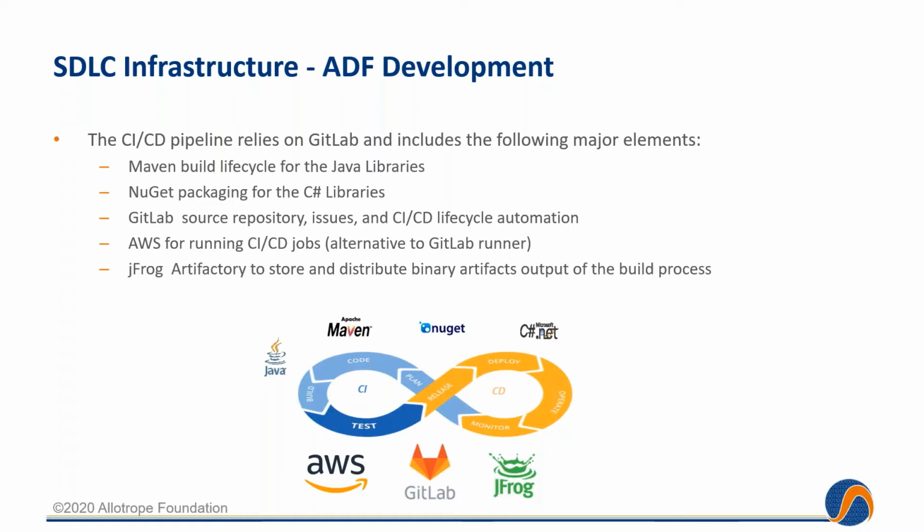We have the Maven build lifecycle for Java libraries, NuGet packaging for C#, the GitLab source repository, and issue and CI/CD lifecycle automation. We can run, as said, additional jobs on AWS, and we have the JFrog Artifactory to store and distribute binary artifacts in the build process.